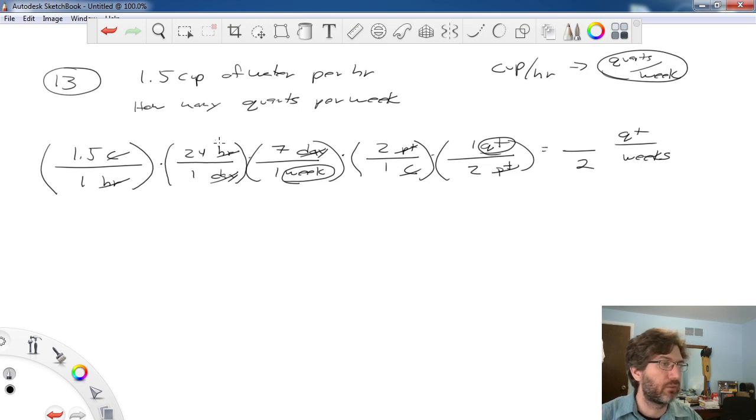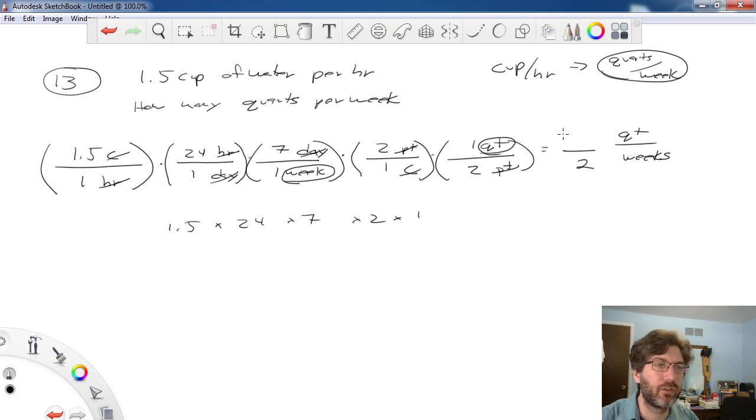In this case, I got to do 1.5 times 24 times 7 times 2 times 1 to get my numerator. So those are my numbers on my numerator. So 1.5 times 24 times 7 times 2 times 1.